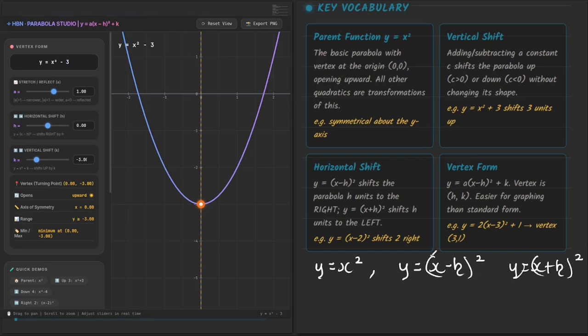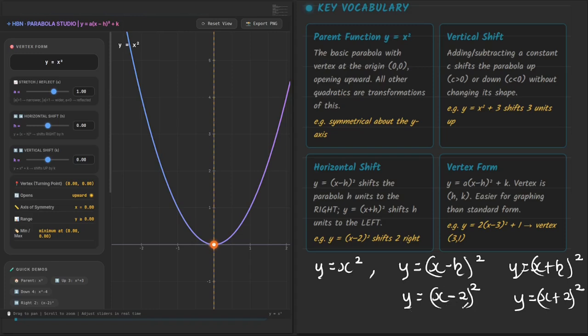So if you are using minus h, this time around, let's take 2. So y equals x minus 2. If you are reducing x by 2, what is going to happen? And if you are also increasing x by 2 as well, what is going to happen?